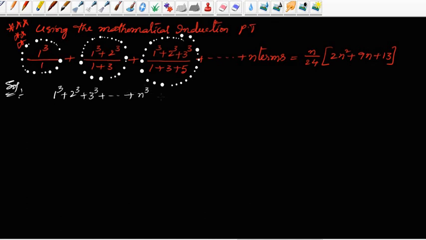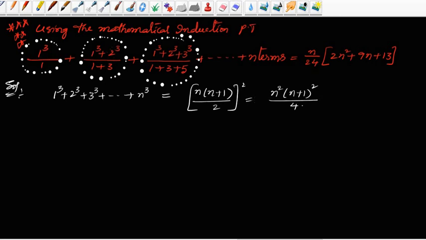So already I have told you this is the sum of the cubes of the first n natural numbers. So the answer should be n into n plus 1 by 2 whole square, which equals n square into n plus 1 whole square by 4. This is the numerator of the nth term.